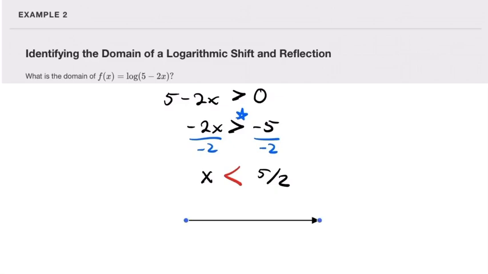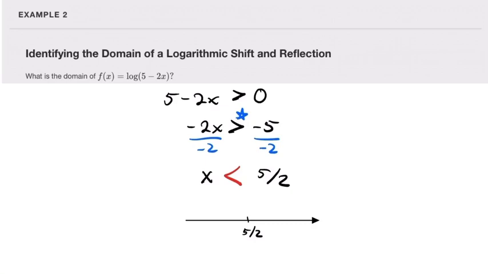If x is less than 5/2, say our 5/2 is here, are we talking about the numbers to the left of 5/2 or the numbers to the right? Well, if x is less than 5/2, we're talking about the numbers to the left.